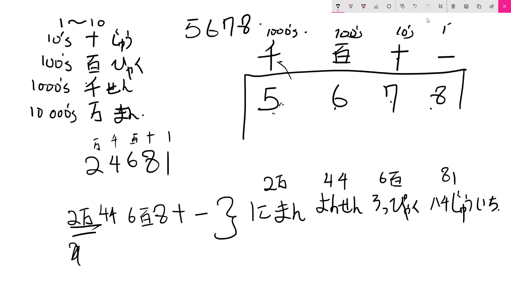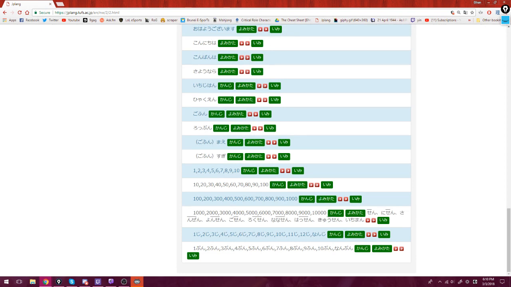Right? And that's how we read Japanese numbers, okay? So just remember, if you don't know how to read it, this little chart helps you. You just put 1s, 10s, hundreds, and thousands. You put the numbers like this. You read it from left to right, okay? Right. So that's all we're going to talk about for numbers for the context of this one, right?